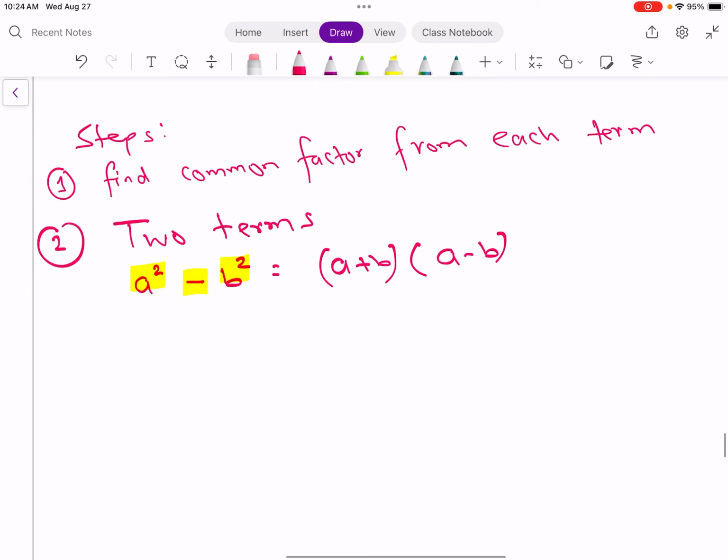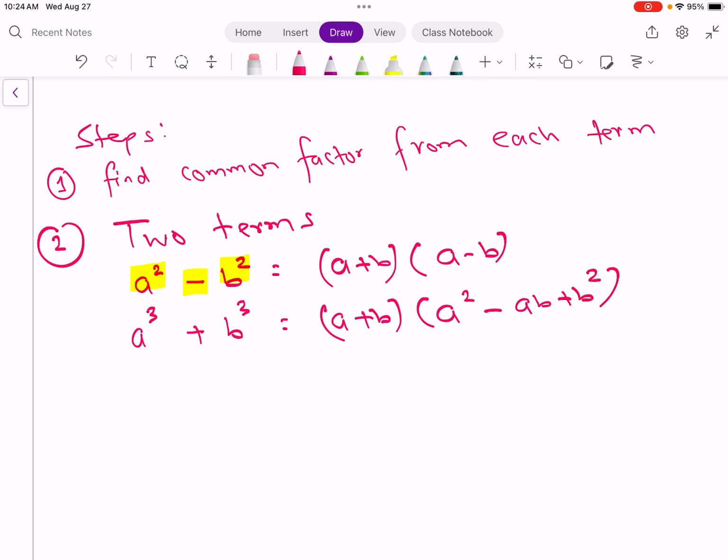Now the next type of two terms can be a sum of cubes. If you have a sum of cubes, the factors would be a plus b times a square minus ab plus b square. Write this down now, but we'll do an example, so do not worry.